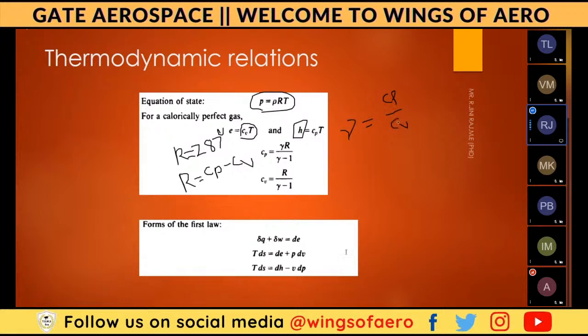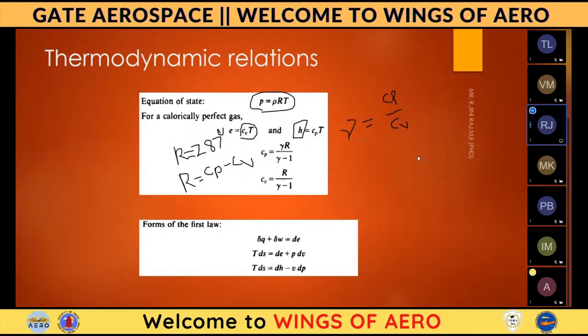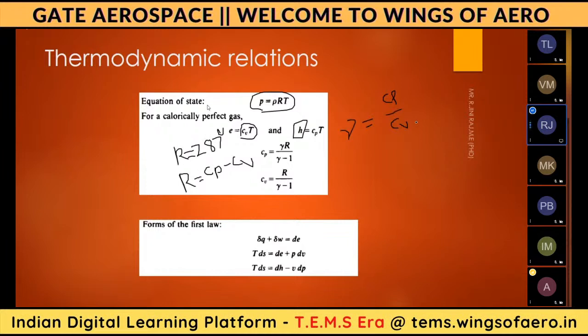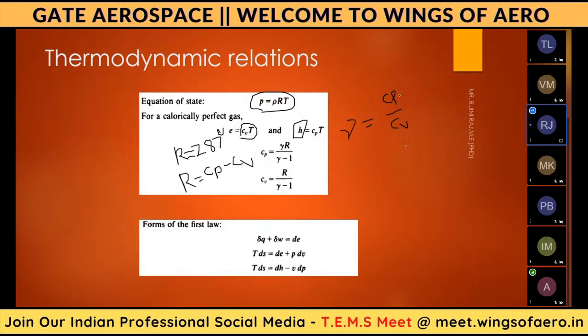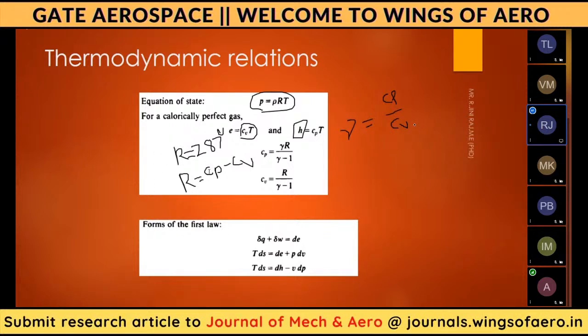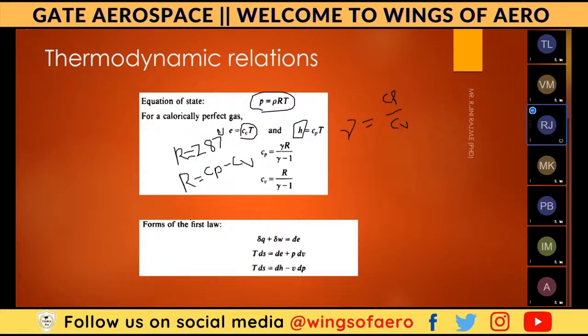Gamma is the ratio of specific heats, Cp is the specific heat at constant pressure, and Cv is the specific heat at constant volume. They have specific values: Cp equal to 1.005 and Cv equal to 0.717 or 0.718, that we can consider like this. So these are the basic formulas.